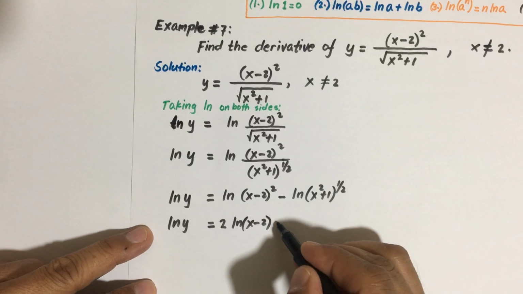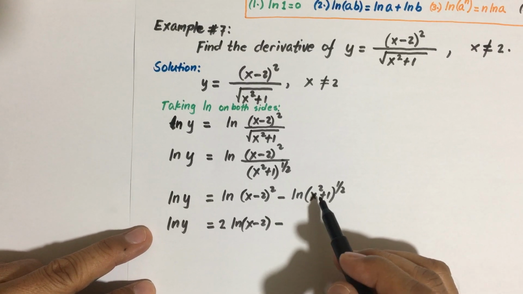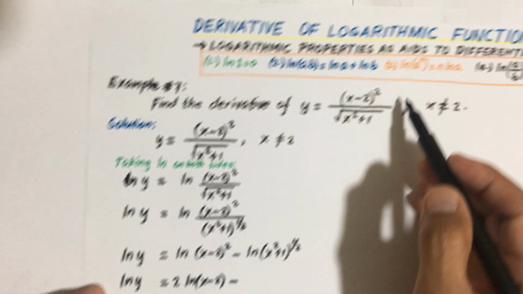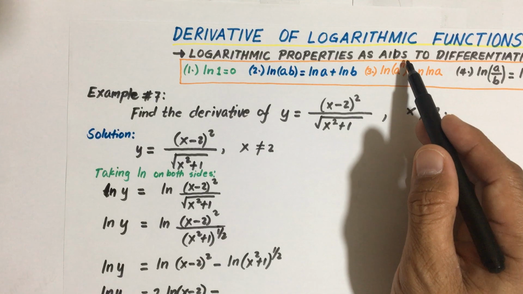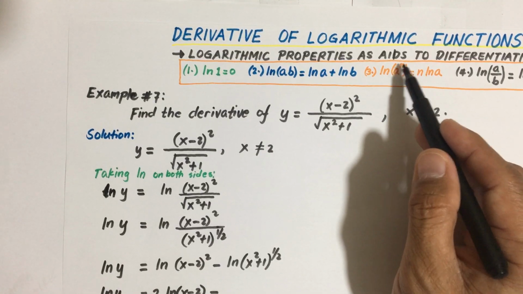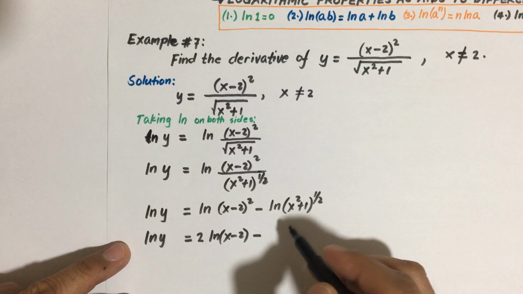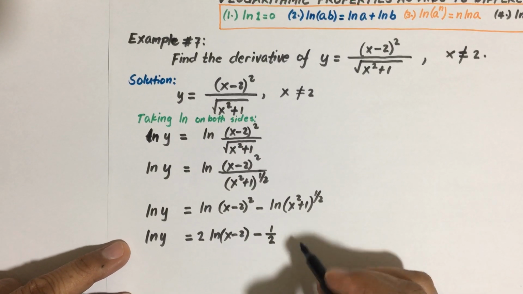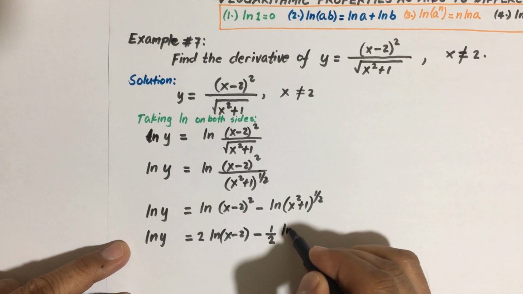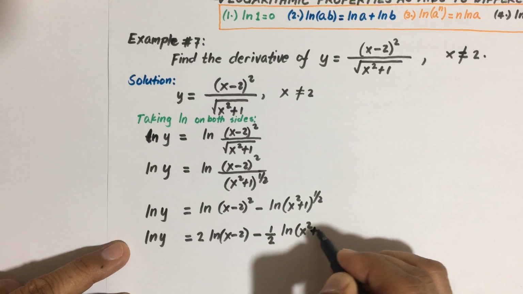Alright, then minus the second term, which also takes the form of property number 3. It's also in the form of ln a to the n, so we can rewrite it to its equivalent, n ln a. So n here is 1/2 times ln of x squared plus 1.